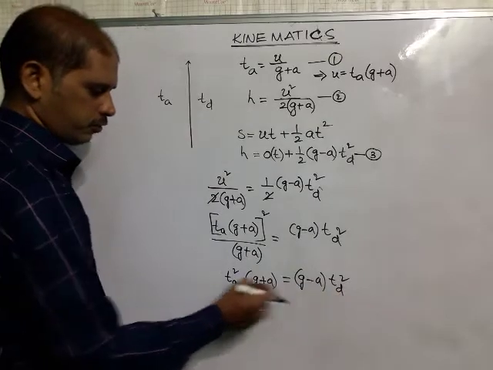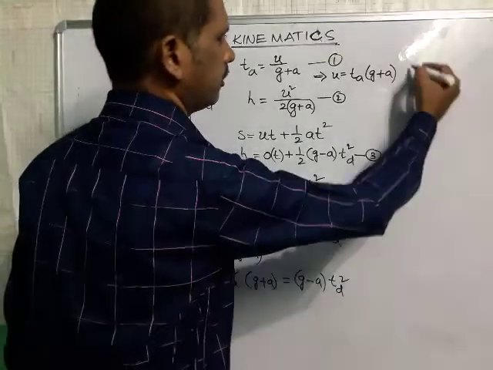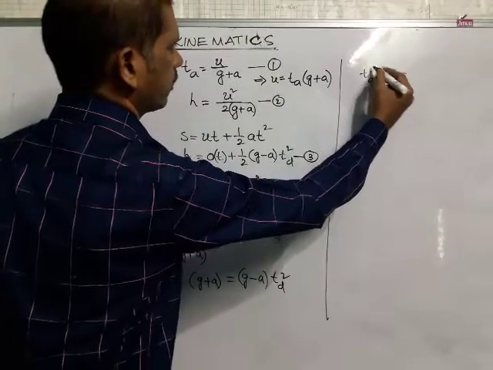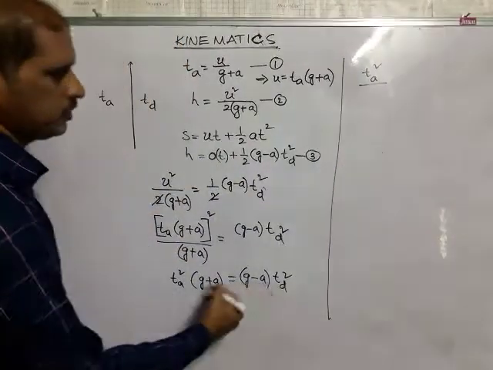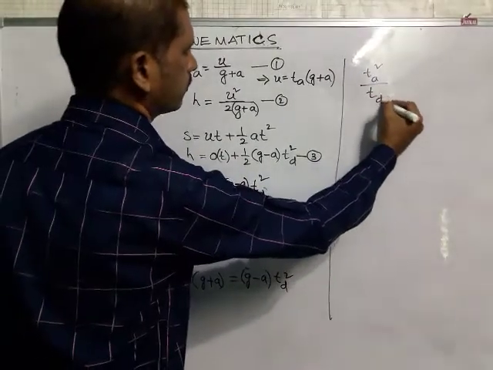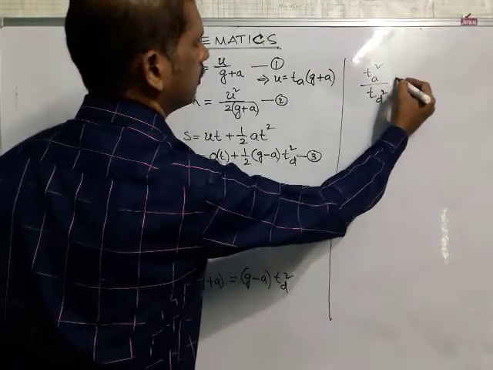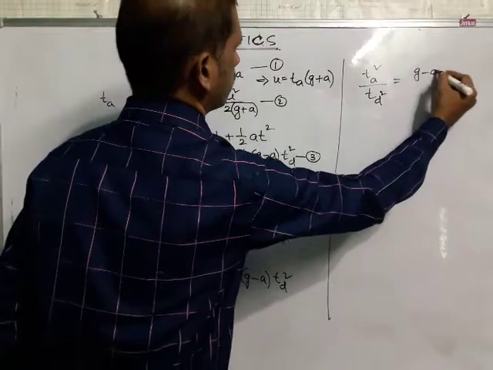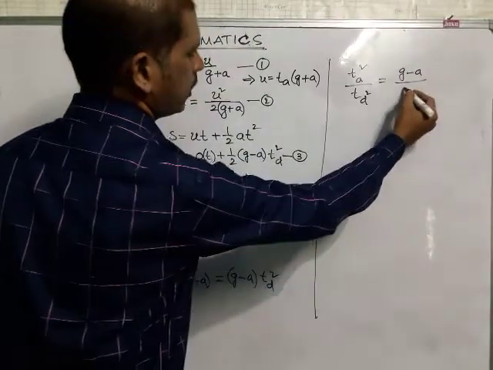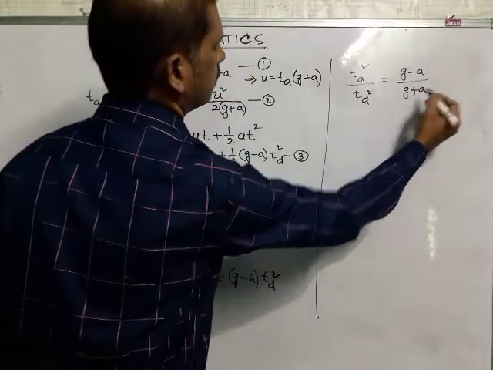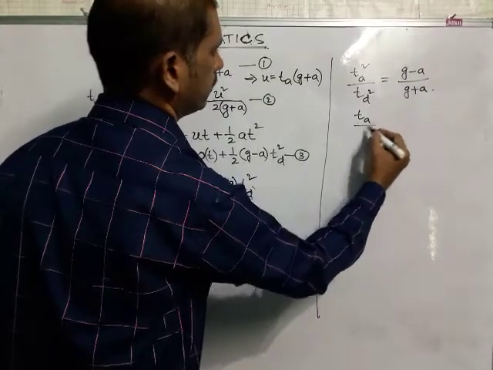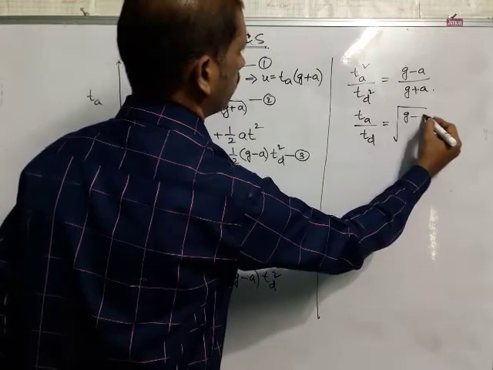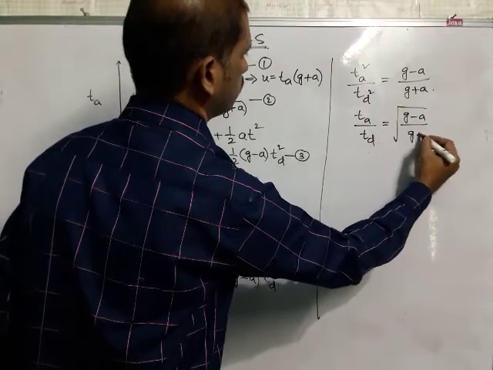Now bring td square to the left side: Ta square by td square is equal to g minus a by g plus a. So Ta by td is equal to the square root of g minus a by g plus a.